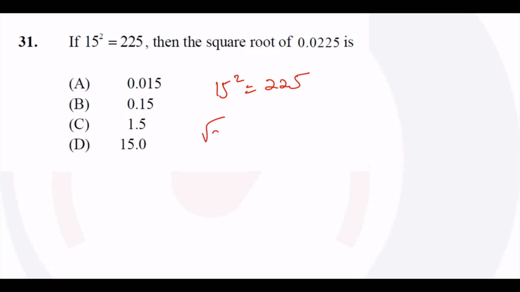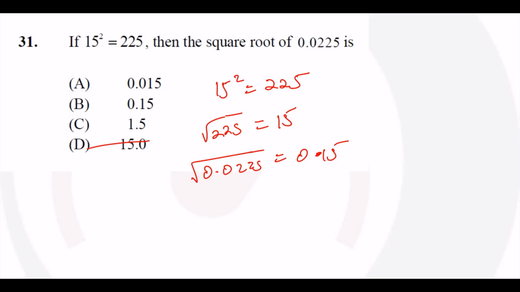That means that the square root of 225 is 15. Now, if we're asked to find the square root of 0.0225, we'll get 0.15. Now, another person may ask, how do we get 0.15? Common sense: 15 times 15 is going to give us 225.